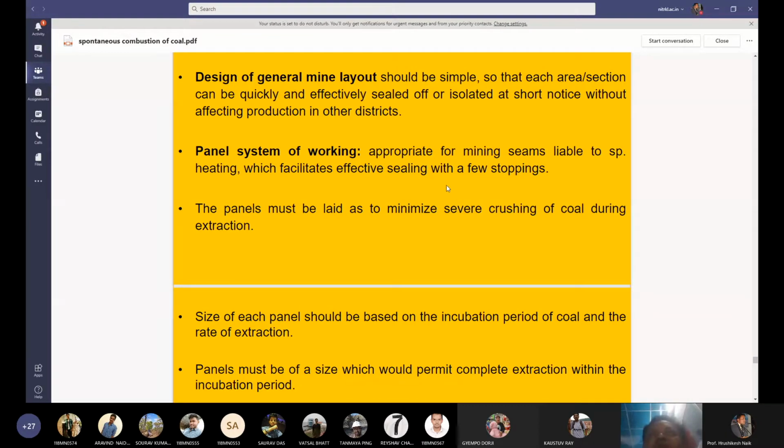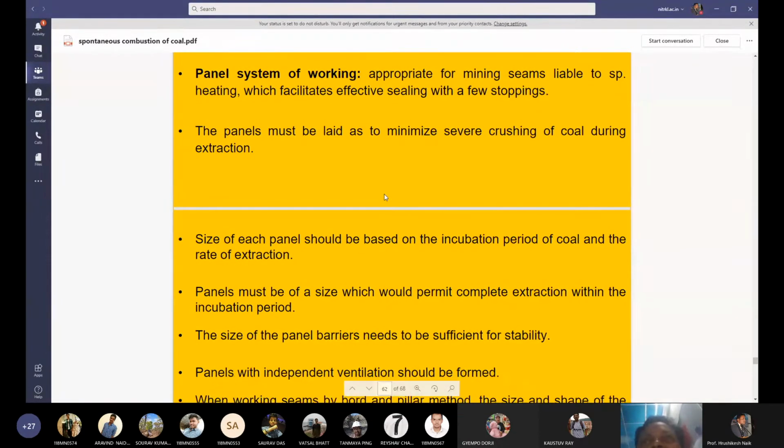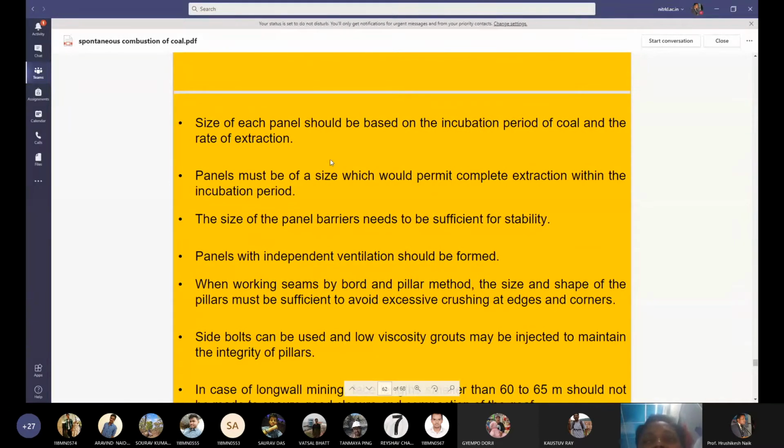Then, panel work. The panels must be laid out so as to minimize severe crushing of the coal during the extraction of coal.